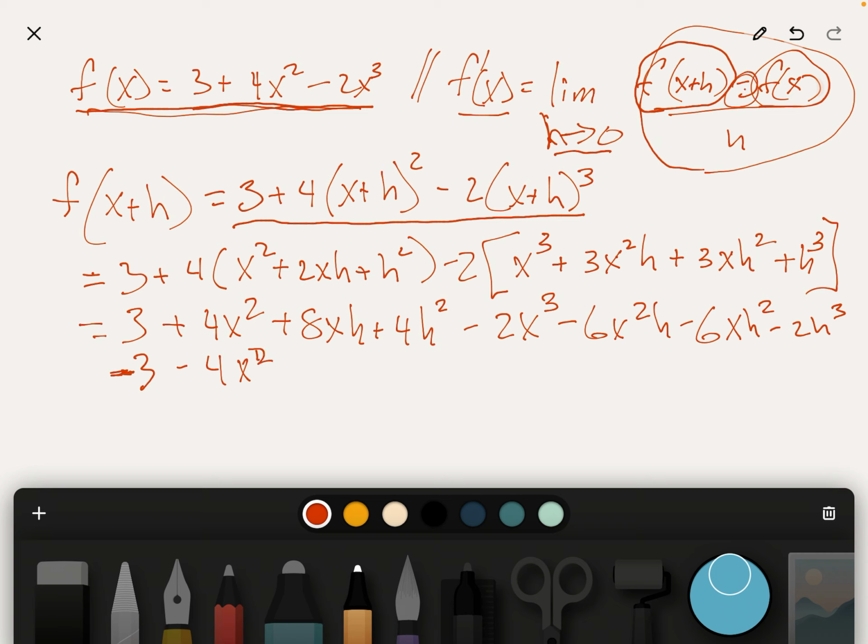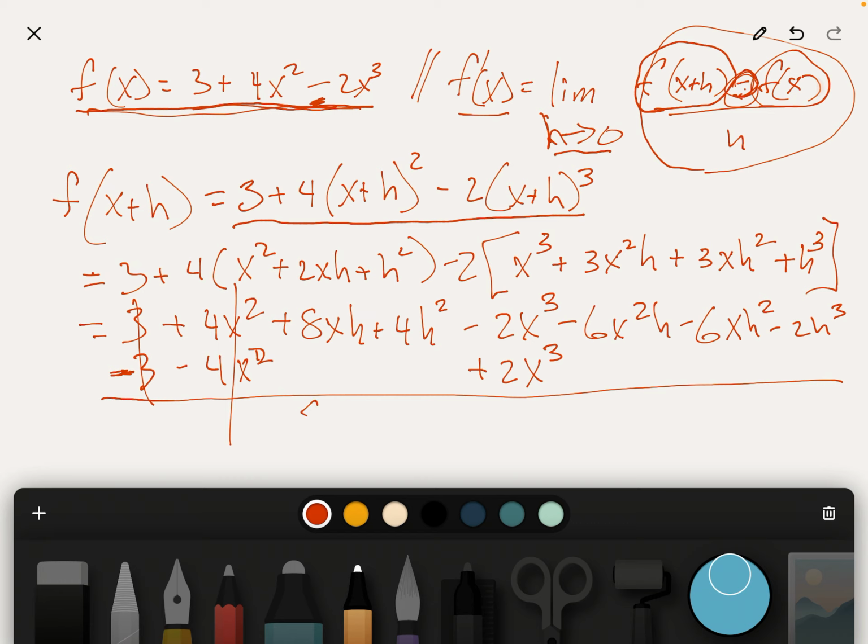Remember, everything's minus because of this minus sign up here. But that minus sign turns this minus sign into a plus. So it's going to be plus 2x cubed. Look here, here's a plus 2x cubed. So these drop out.